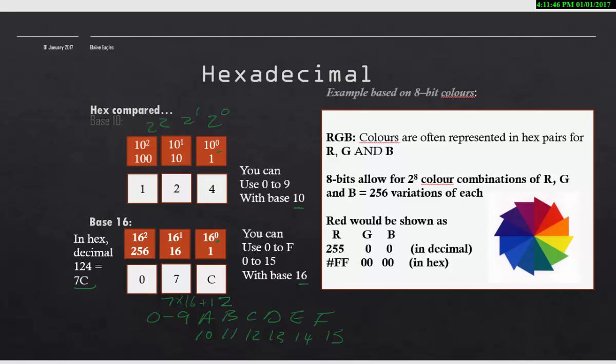7C is 124. Okay, and so that's used to represent colour. So for example, hex pairs are often used to represent your RGB.